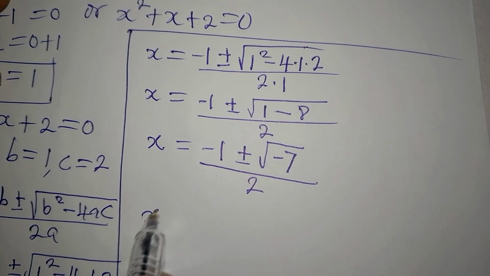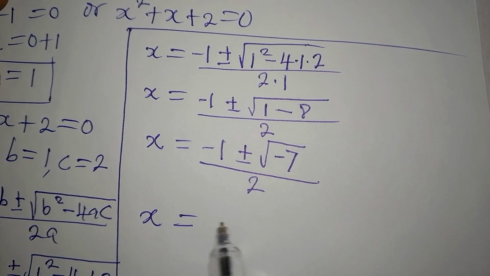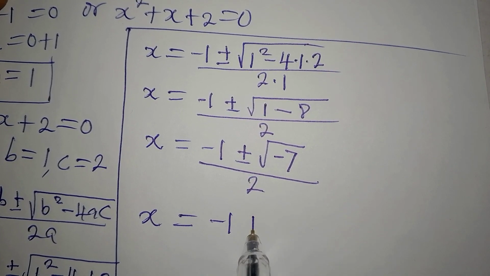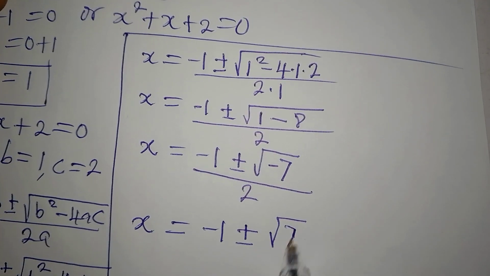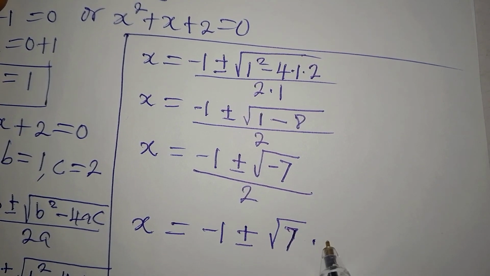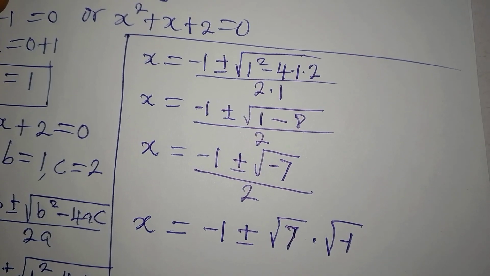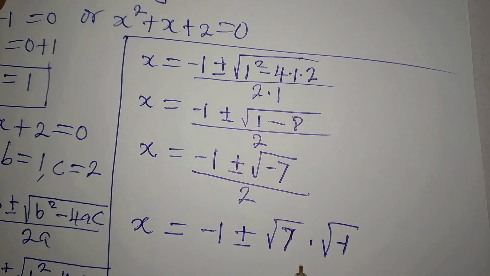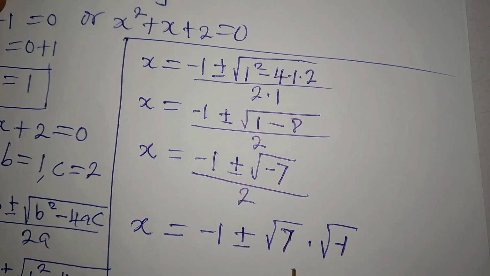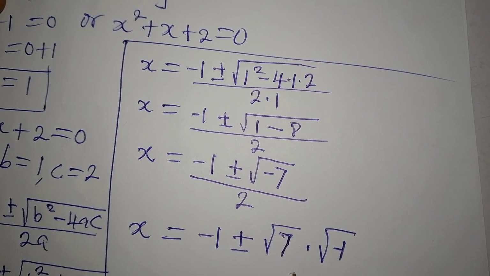To go ahead, our x will be minus 1 plus or minus the square root of 7 multiplied by the square root of negative 1. Remember, root 7 times root negative 1 is the same thing as square root of negative 7.